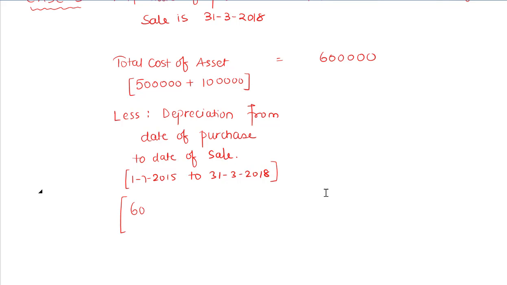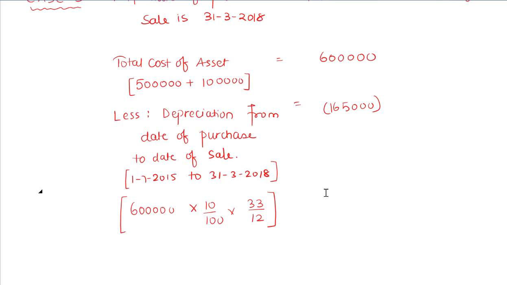So 6 lakhs, the cost of the machine, multiplied by 10%, multiplied by 33 by 12. So this is 1,65,000.